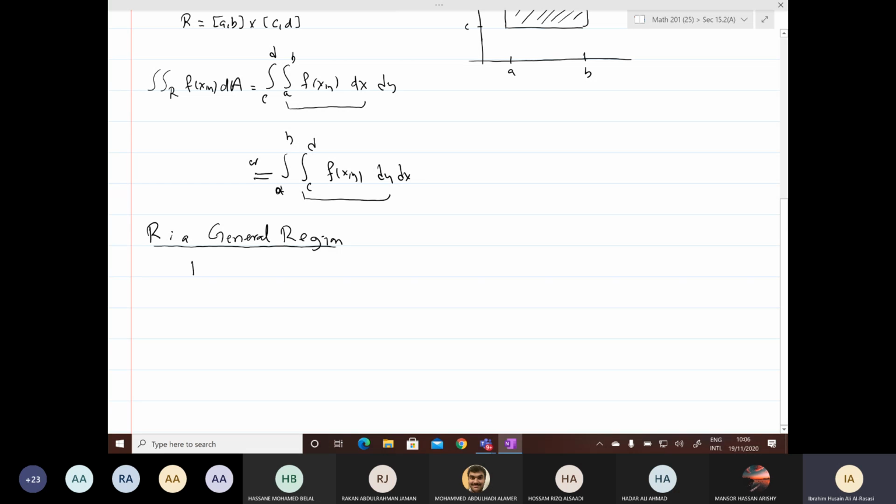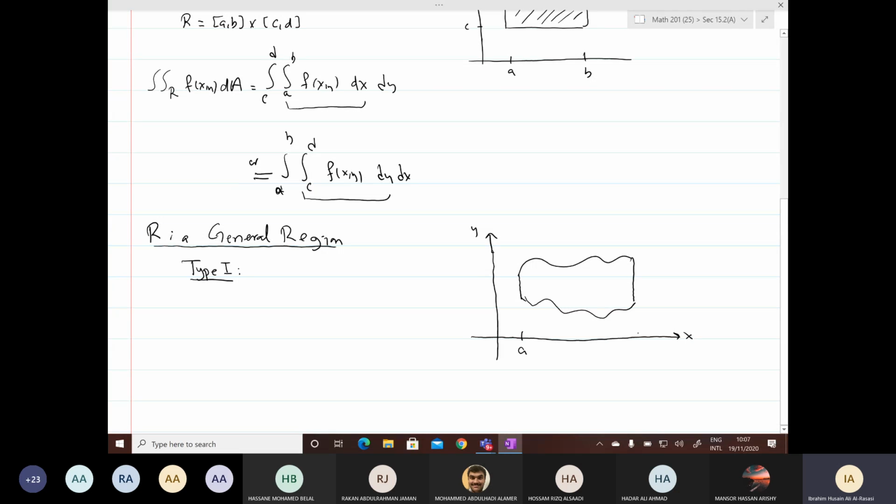One is called a type 1 region. What is a type 1 region? It is given as follows. This is the x-axis and this is the y-axis.